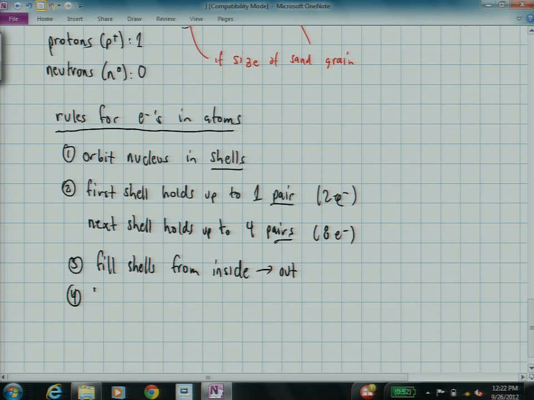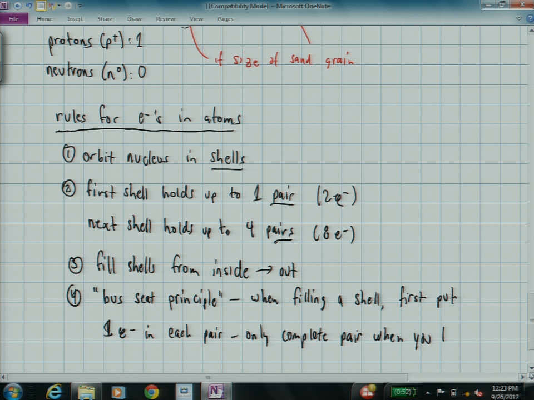That is, when filling a shell, you first put one electron in each pair, and you only complete a pair when you have to. And all of these things together, they predict atomic structure.